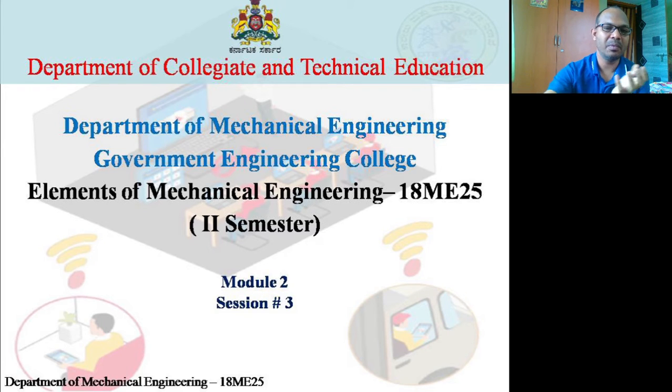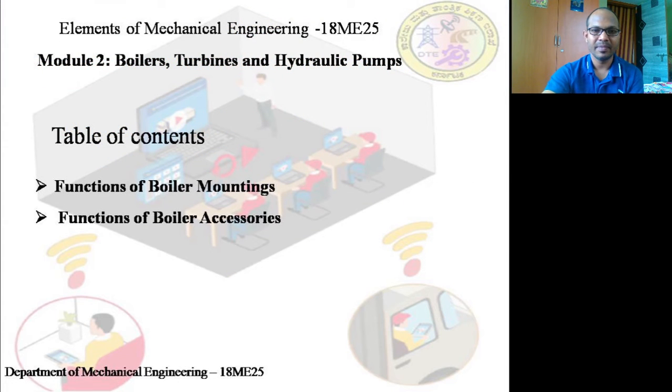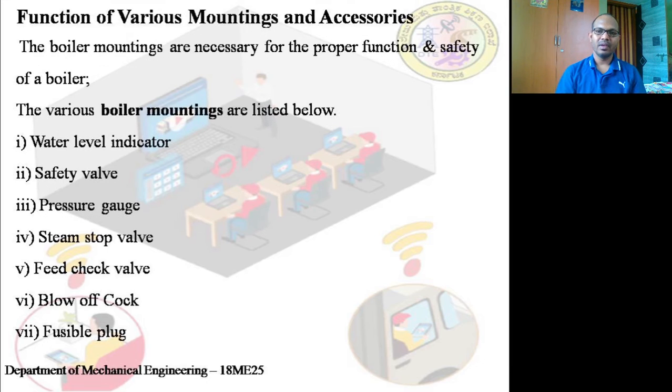These supporting characters play an important role, and I shall go in depth. So this session will constitute the functions of boiler mountings and then the functions of boiler accessories. We shall discuss in detail what these mountings and accessories are, so that it gives a clear picture of complete boilers for a first term.